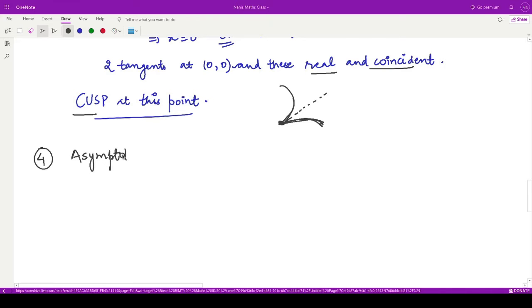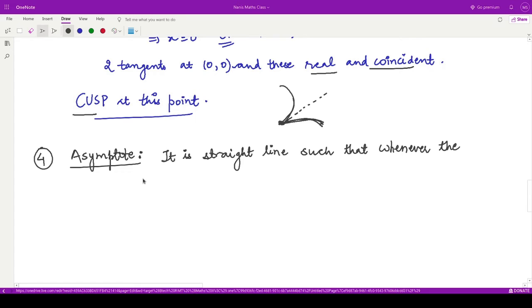What is an asymptote? An asymptote is basically a straight line such that whenever the curve tends towards infinity, the distance between this curve and the line goes to 0.